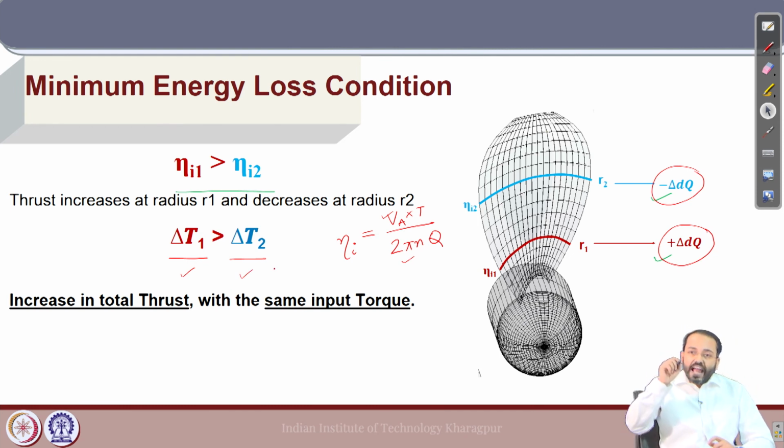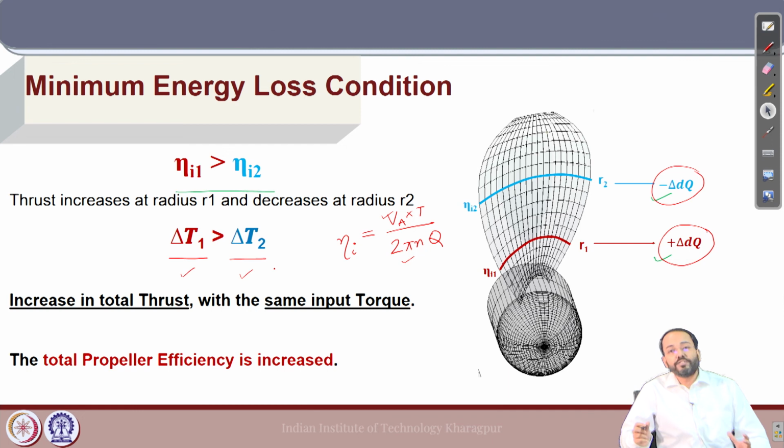So, the total thrust for the modified propeller geometry will be more than the initial case, but the total torque is the same, because it has been increased by the same amount and decreased by the same amount at the two different radius values. So, the final thrust will increase for the propeller and the torque will be the same, which from the efficiency equation for the entire propeller means that the total propeller efficiency is increased.